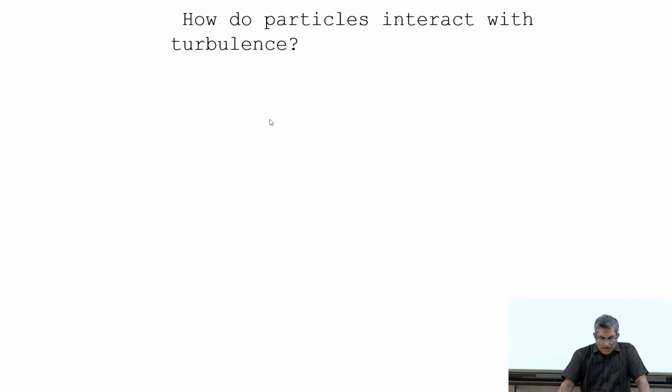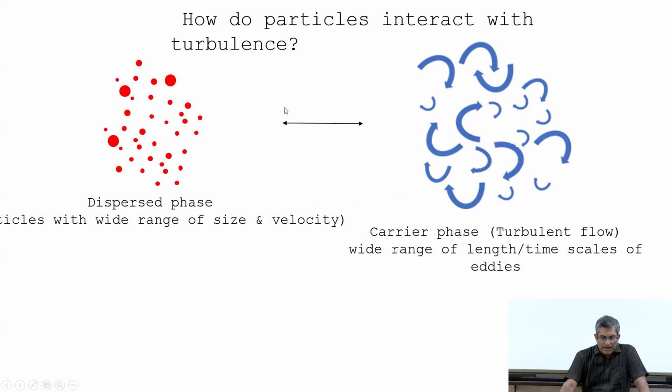For this we have to look at this picture. So now we have particles of various sizes and we have a carrier phase which is turbulent. That contains a wide range of eddies of different length and time scales. So the question is how do we now predict particle behavior?